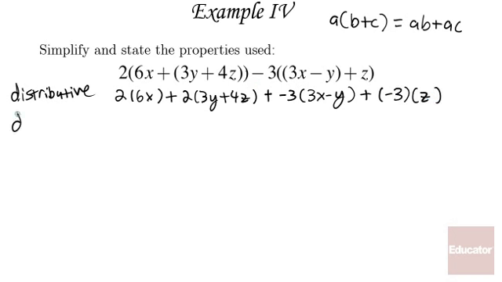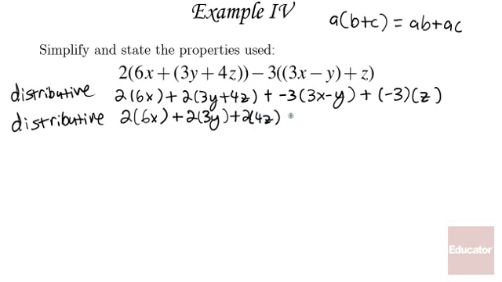Okay, I'm going to apply the distributive property again in order to remove the remaining parentheses. So this gives me 2 times 3y plus 2 times 4z plus negative 3 times 3x plus negative 3 times negative y plus negative 3 times z.